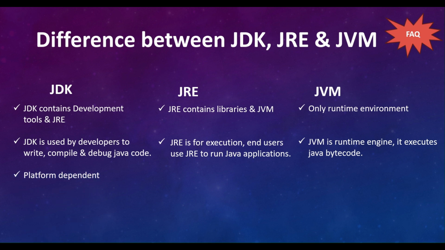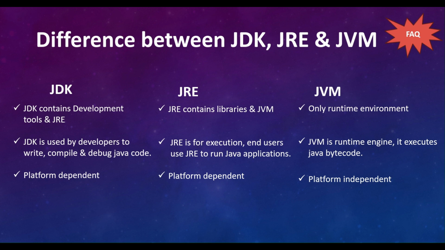Next, what is the other difference? The JDK is completely platform dependent. It means when you download the JDK or JRE, for each operating system we get different installables. For Mac, we get a different JDK installable, for Windows a different one, and for Unix a different one. So both JDK and JRE are platform dependent, whereas JVM is platform independent.